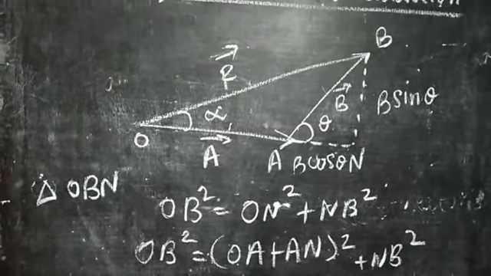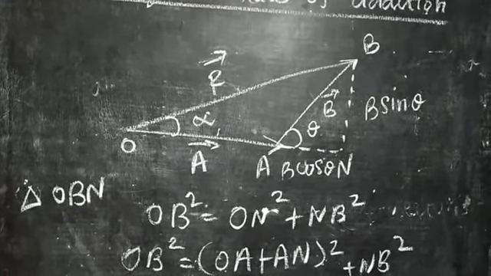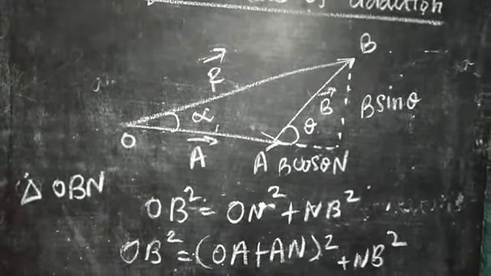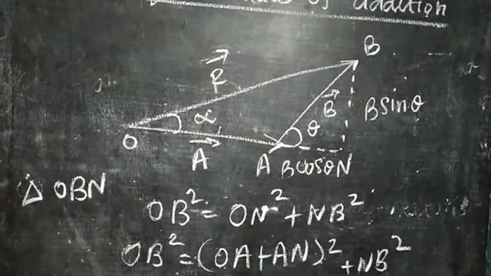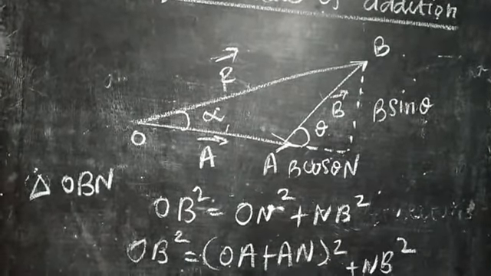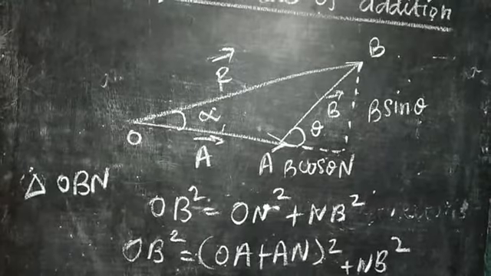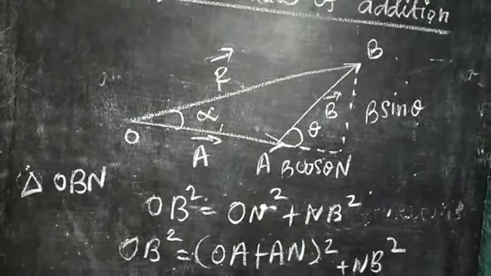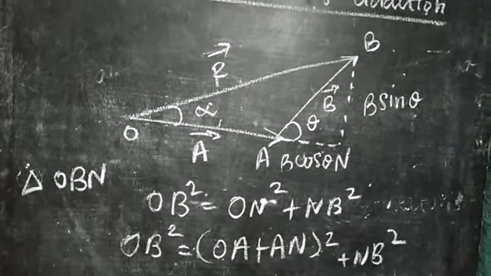From the diagram, in triangle OBN, OB square is equal to ON square plus NB square. But ON can be split into two parts, first OA, then AN. So the sum OA plus AN is equal to ON.